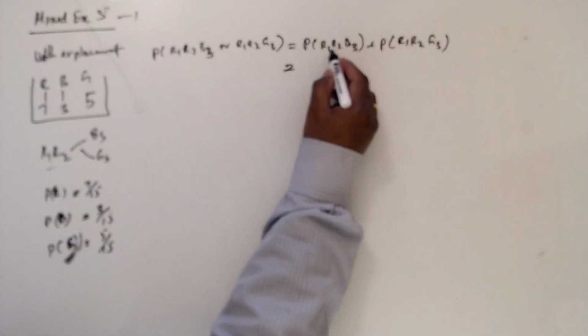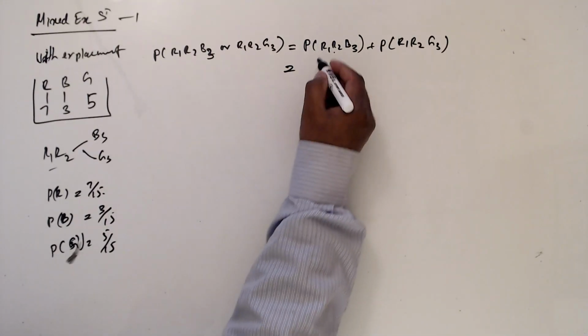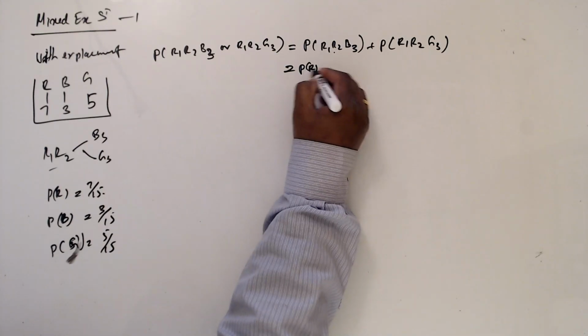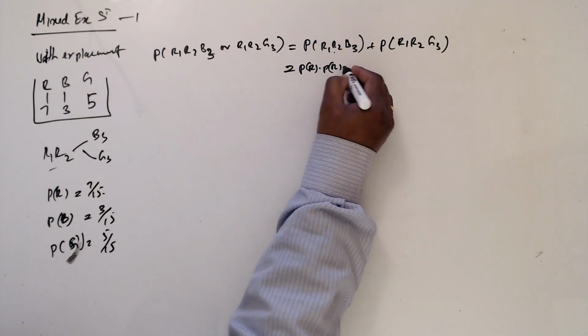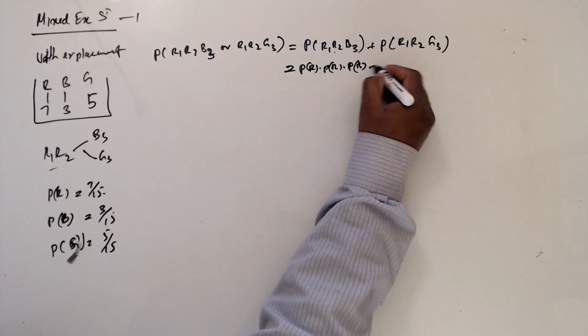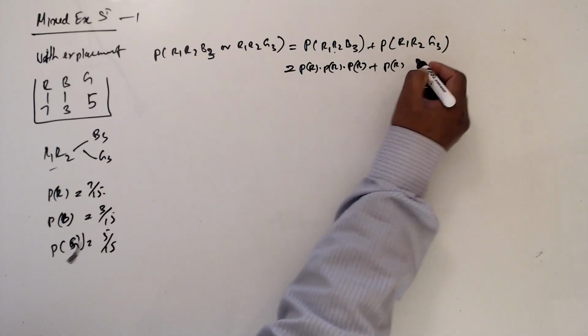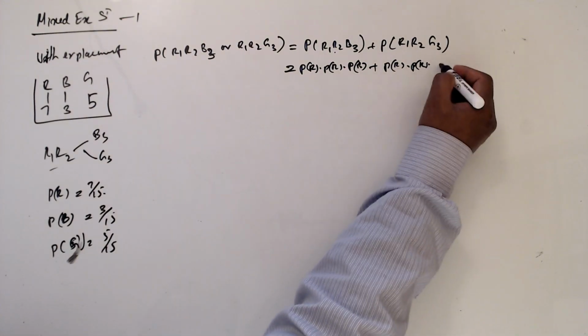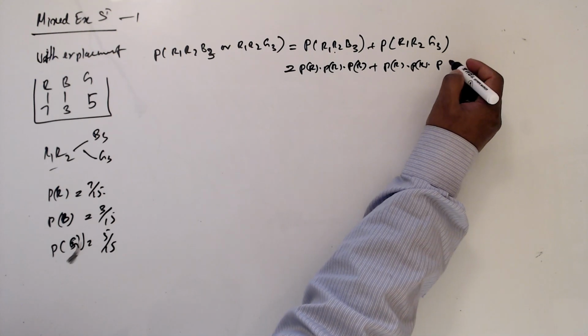So PR times PR times PB and PR times PR times PG.